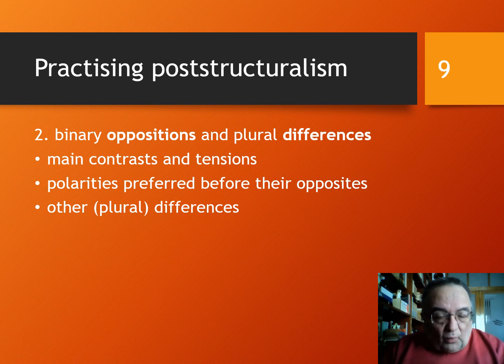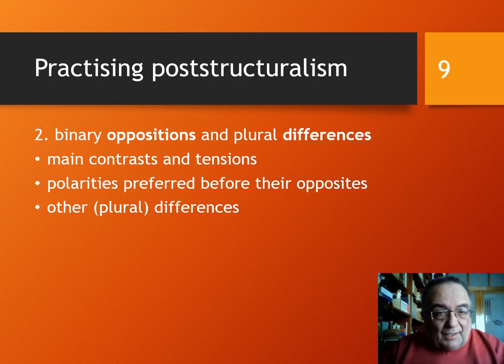Sometimes, why do we use polarities sooner than their opposites? Because polarities are things that exist there at the same time. Sometimes opposites don't have to exist there at the same time and in the same place.